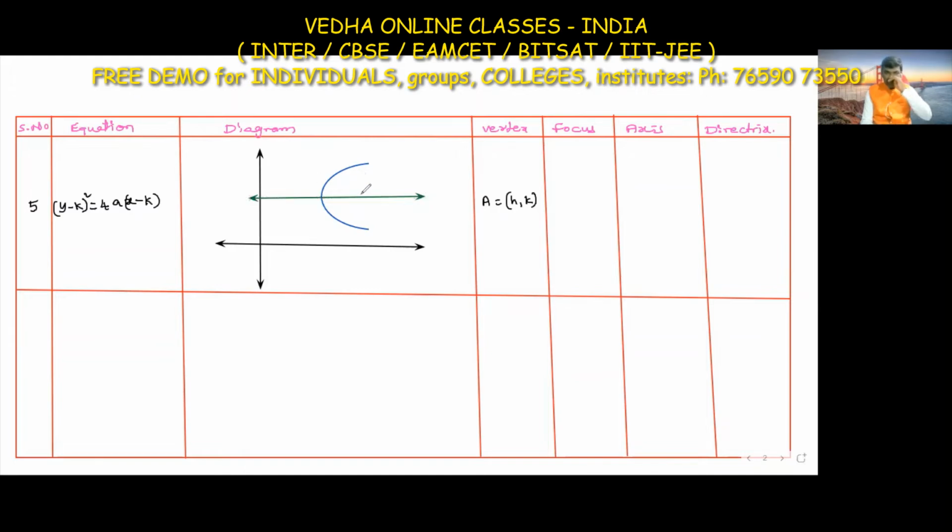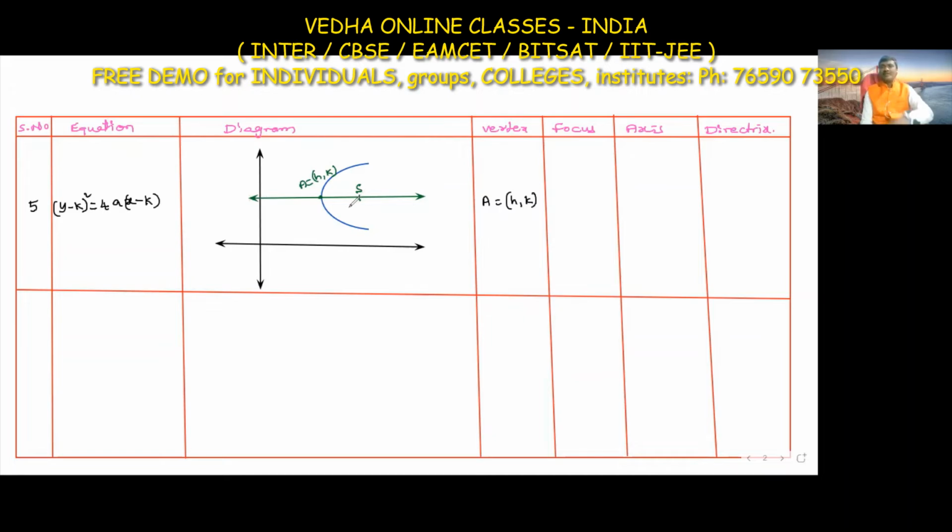Here we have the focus, and the vertex is h comma k. From here again we have a units distance. The distance between the vertex and focus is always a units only.